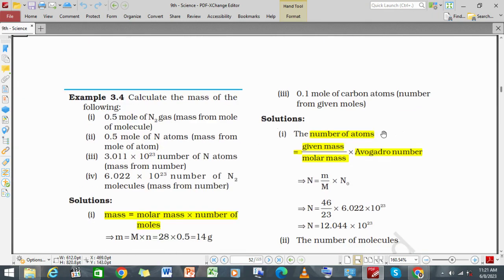Another thing, if you want to find the number of atoms, given here is something new.